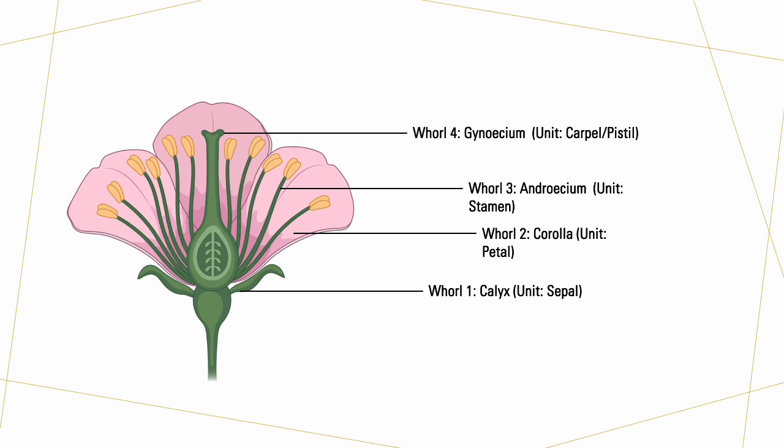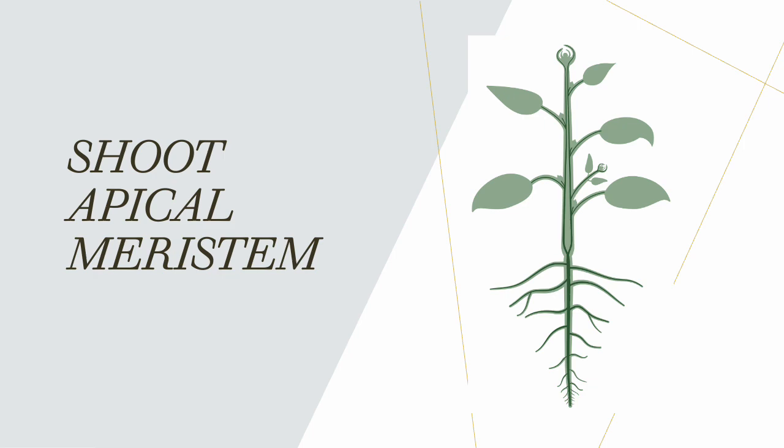Now, the flower is a derived product of the shoot, and within the shoot, a very important part known as the shoot apical meristem. So let's understand the shoot apical meristem. The shoot apical meristem is located within a part known as the apical bud of a plant. So this is an apical bud containing the SAM.